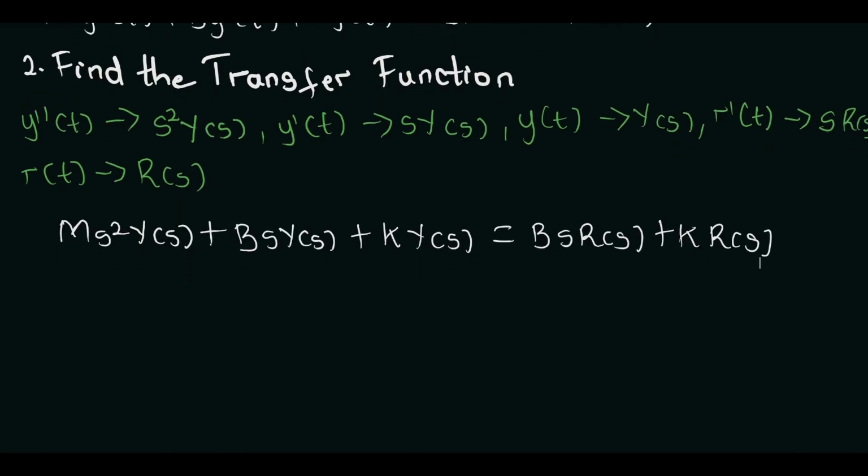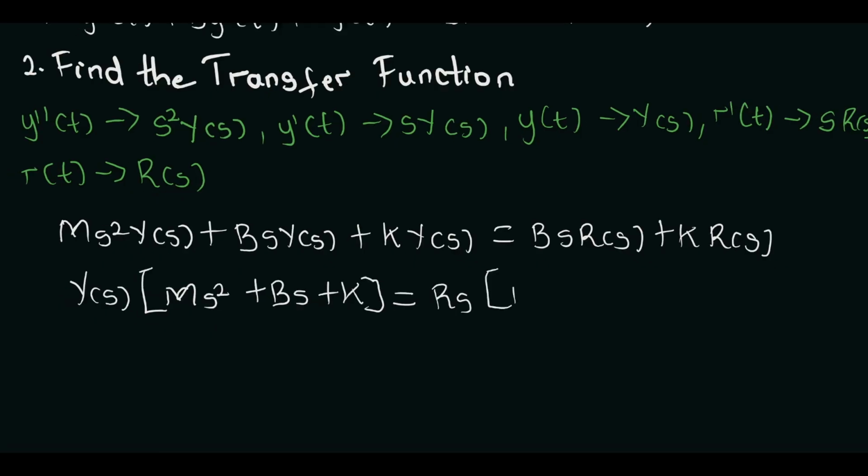So we factor out our Y(s) and our R(s). That will be Y(s) times (m s squared plus b s plus k) equals to, factoring out R(s), (b s plus k).